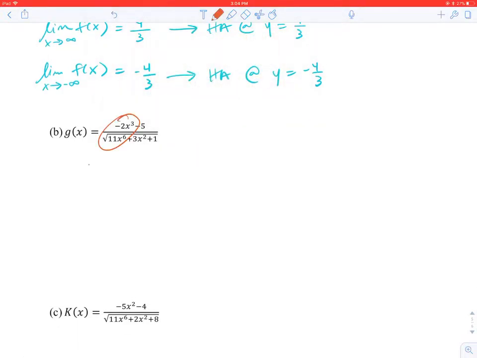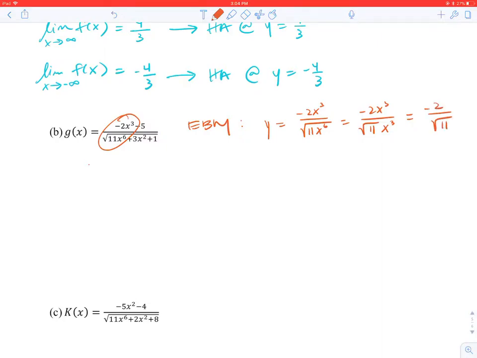Okay, end behavior model for g(x). So you have negative 2x cubed over the square root of 11x to the 6th. That will simplify to be negative 2x cubed over the square root of 11 times x cubed, which will simplify to be negative 2 over root 11.